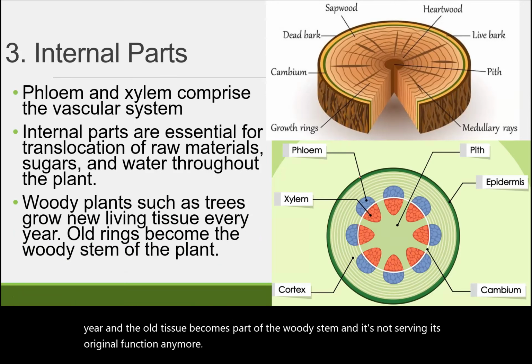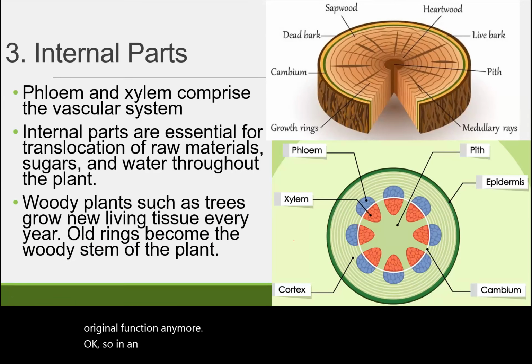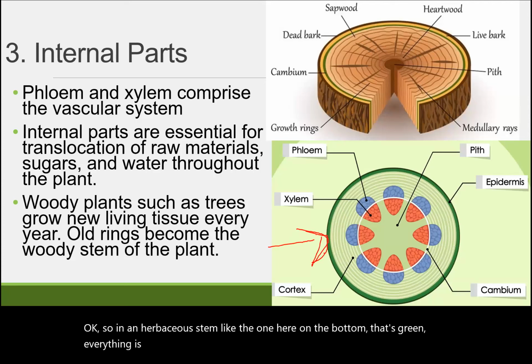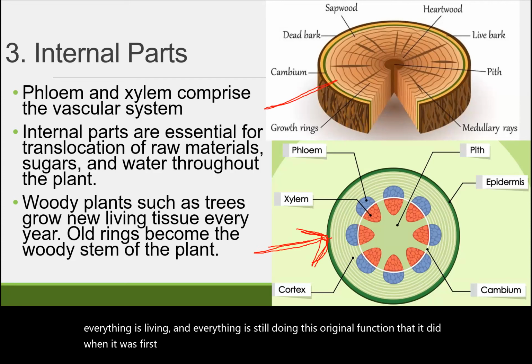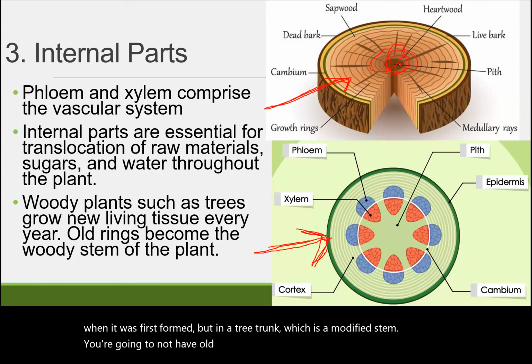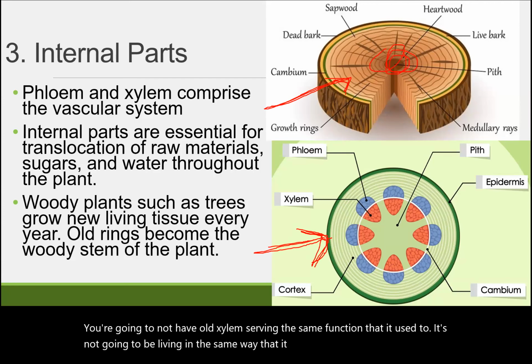Okay, so in an herbaceous stem, like the one here on the bottom that's green, everything is living and everything is still doing this original function that it did when it was first formed. But in a tree trunk, which is a modified stem, you're going to not have old xylem serving the same function that it used to. It's not going to be living in the same way that it once was.